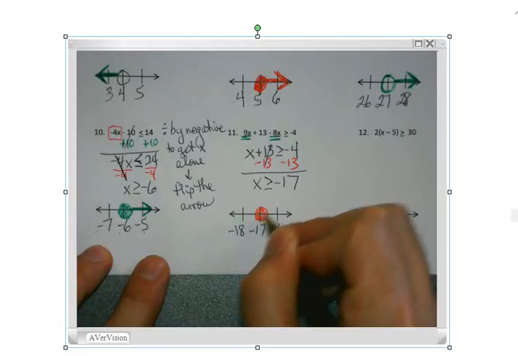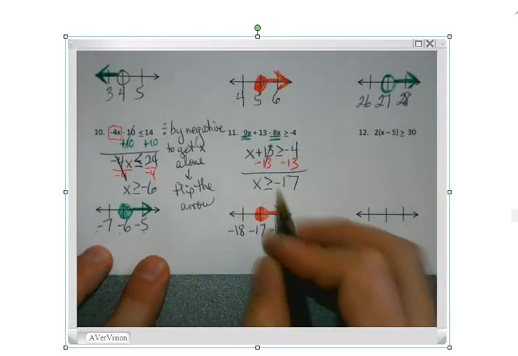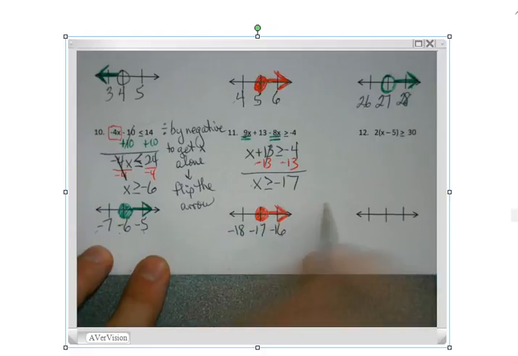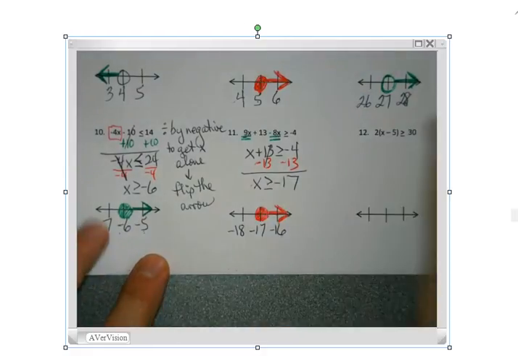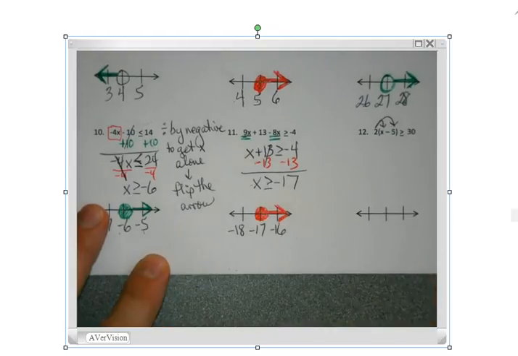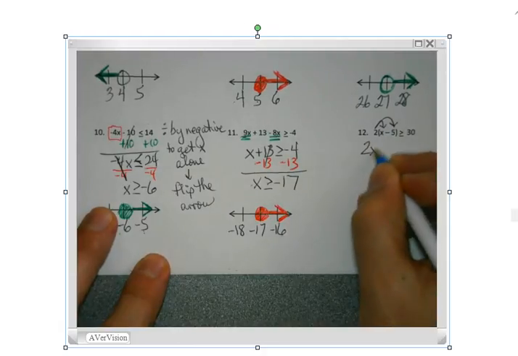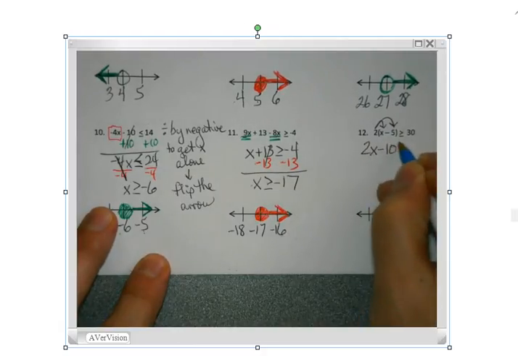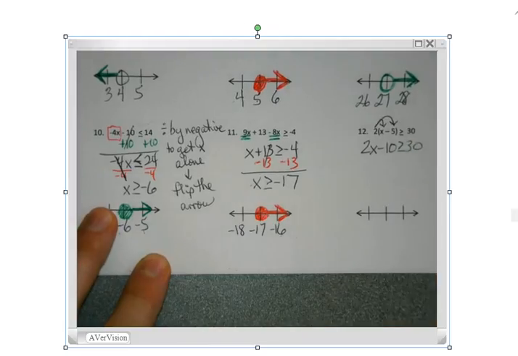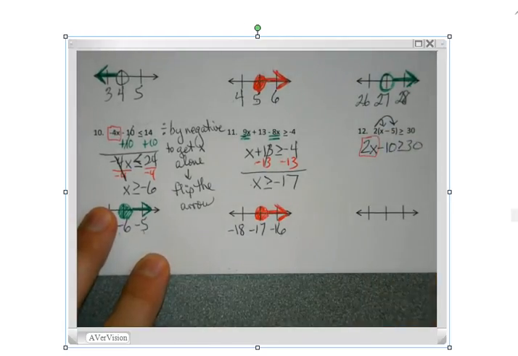And I'm on quite a run here of arrow to the right. Again, we're greater than, arrow's eating the x, we're heading to the right. Gracious. Here, though, we've got a little distributing to do. Remember that 2's got to go to the x and to that minus 5. Negative 10. Now we're back in the same situation we have been on so many of these.